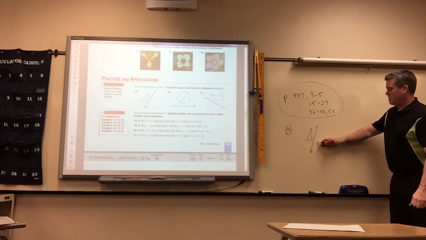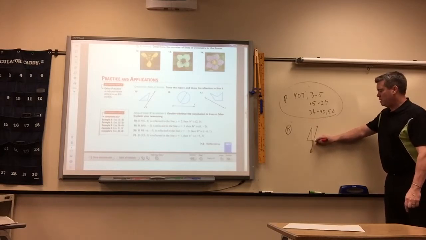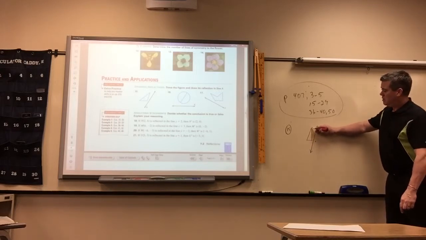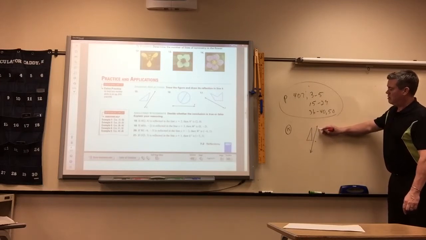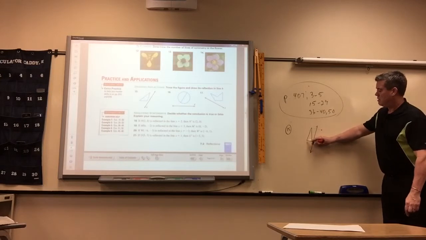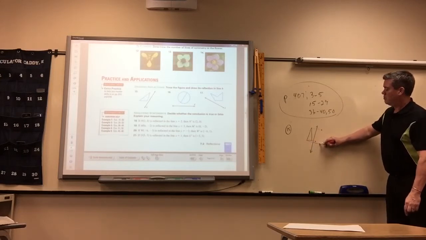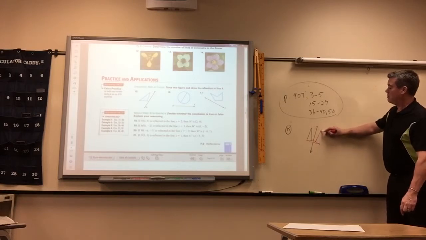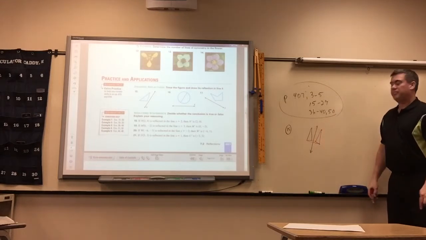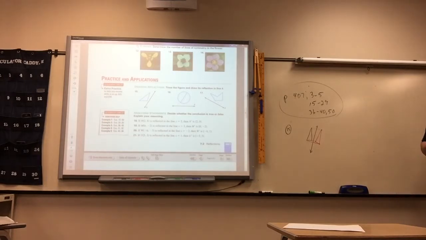Each point is going to flip across this line at a 90 degree. So this point, you just go straight to the line and then put the new point the same distance on the other side. What we're doing right now, you're estimating. Estimate means get it as close as you can.